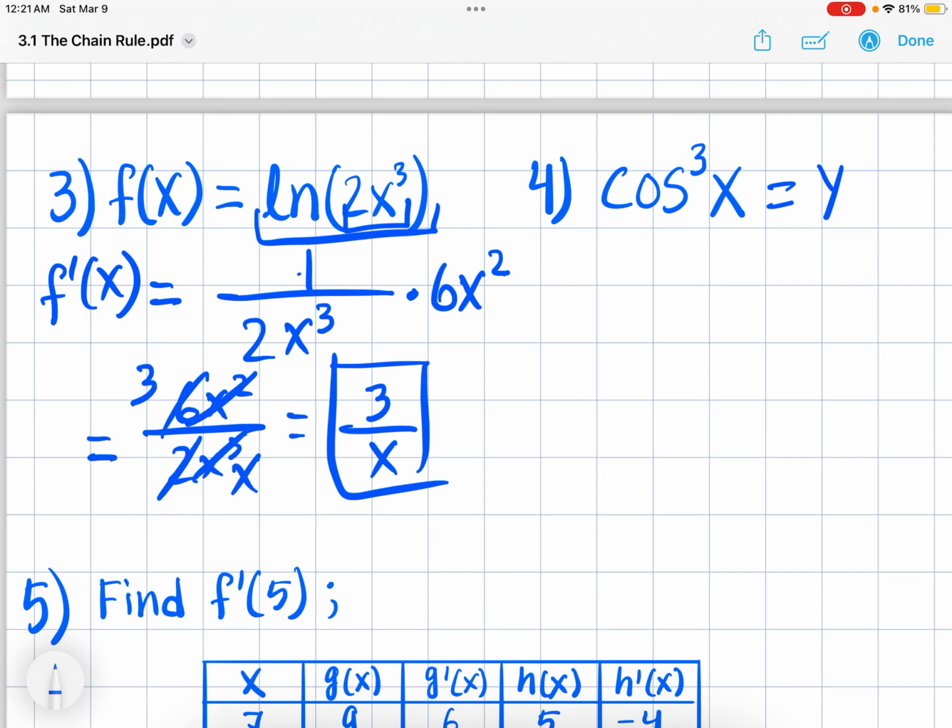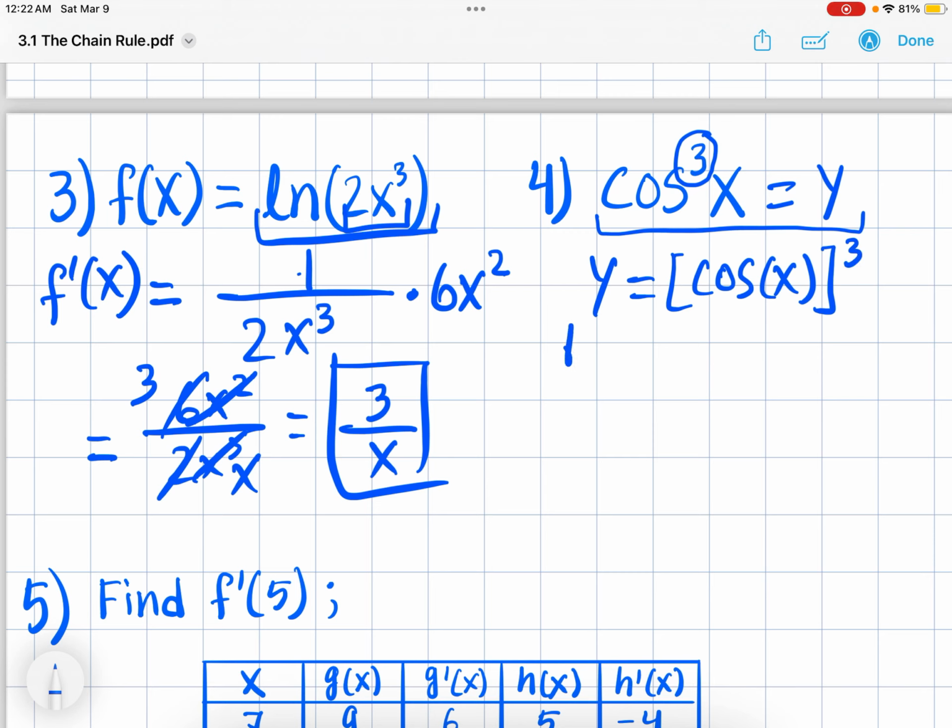Let's do this. So for this case, we can see there is an exponent, so we could rewrite this as sine x to the cube. So now we're gonna solve the way we are used to. 3 comes down.